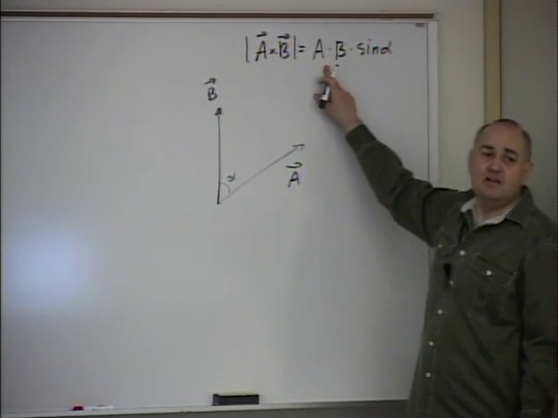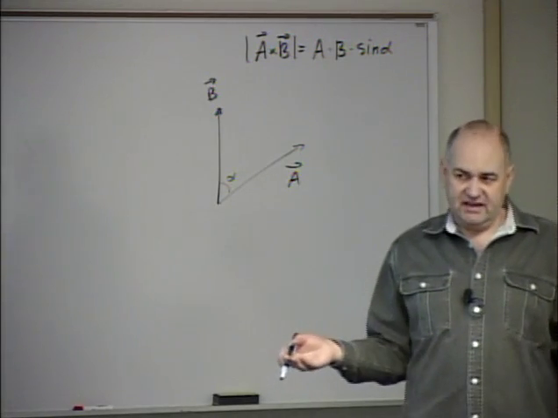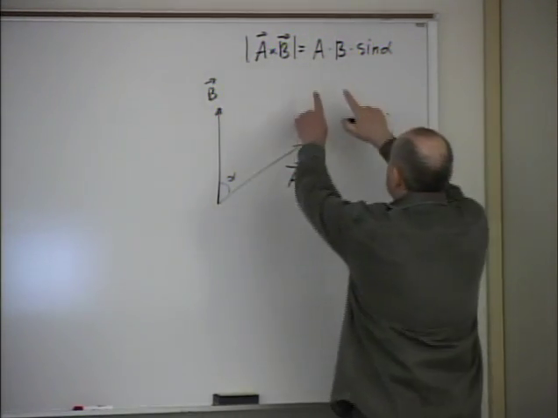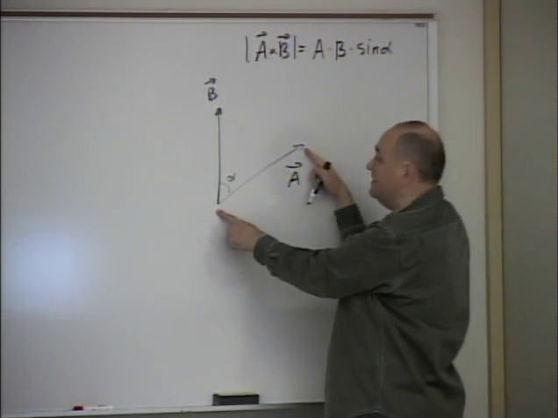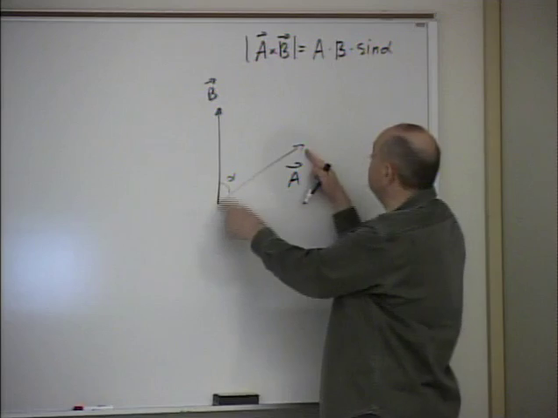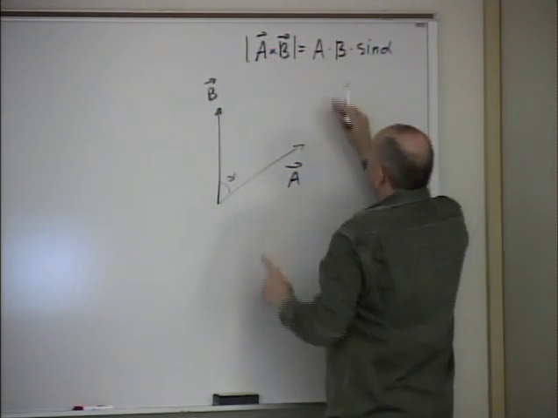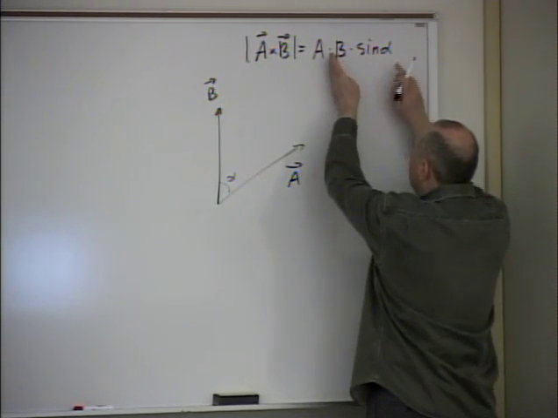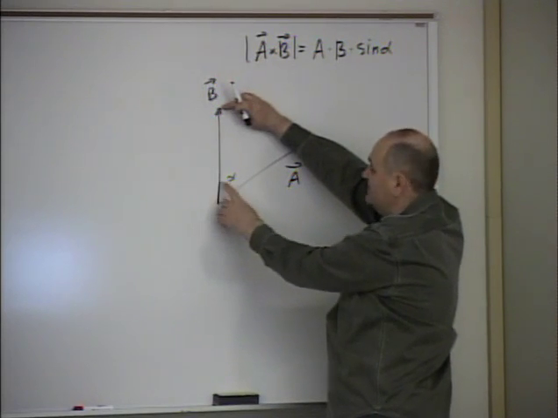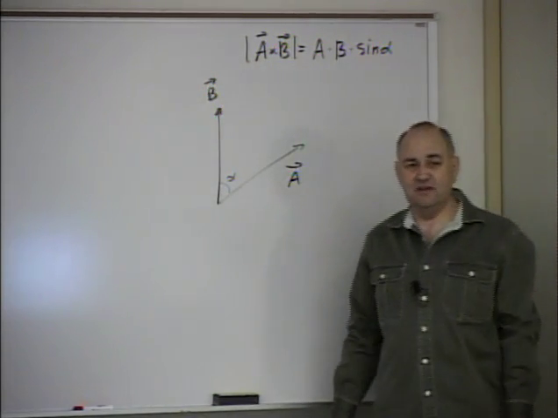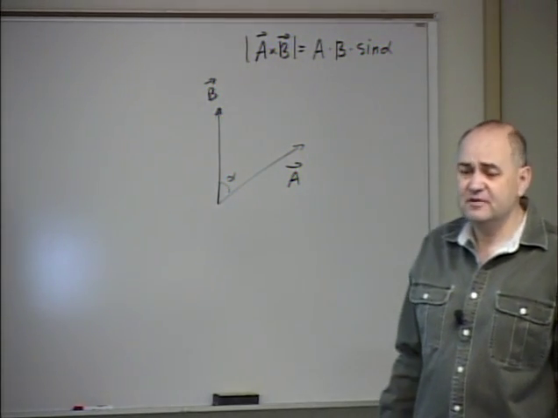Now, on arrows, you remember that magnitude is related to the length, right? So if you look at A as an arrow, it's the length of this arrow. And this is the length of this arrow. If I multiply the length of B by the sine of that angle, what am I going to get? I'm not going to get the length of B. They are completely independent.